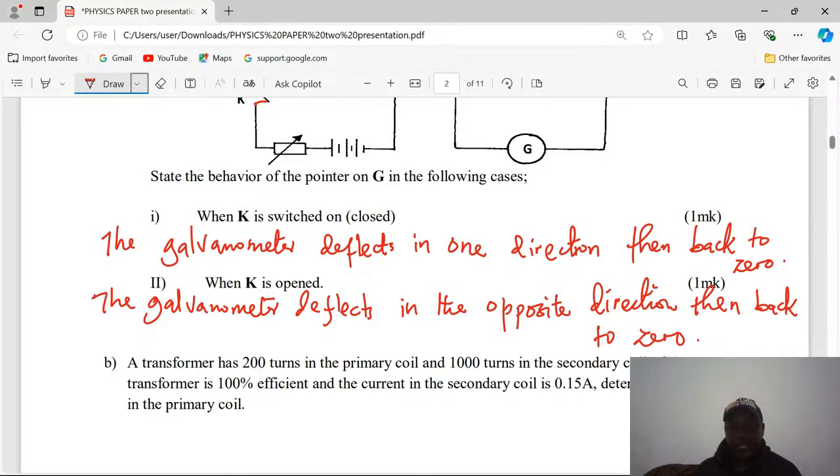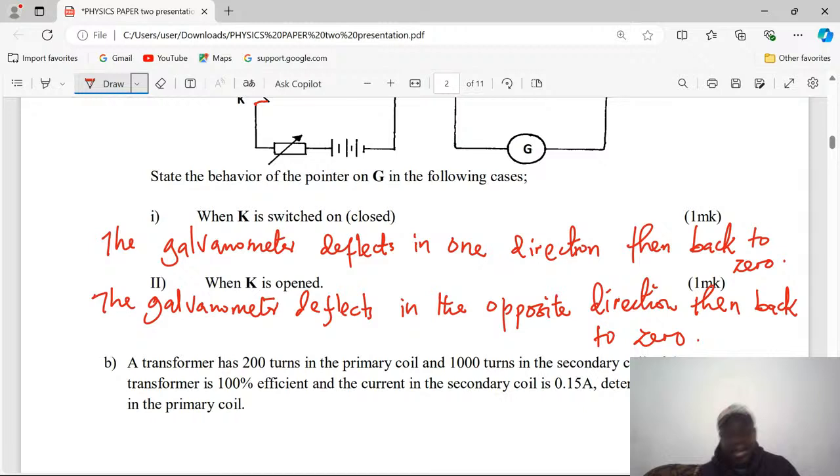Greater because the rate of magnetic flux linkage is now greater, due to the dying off of magnetism, which takes relatively shorter time than the building up of magnetism.